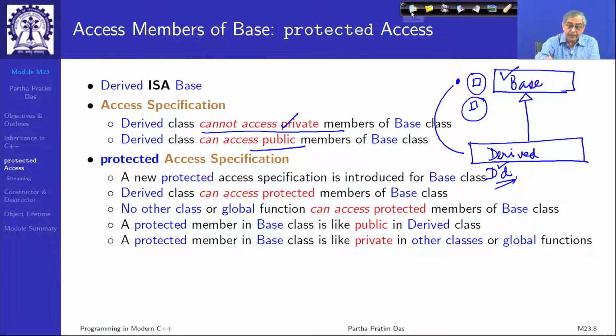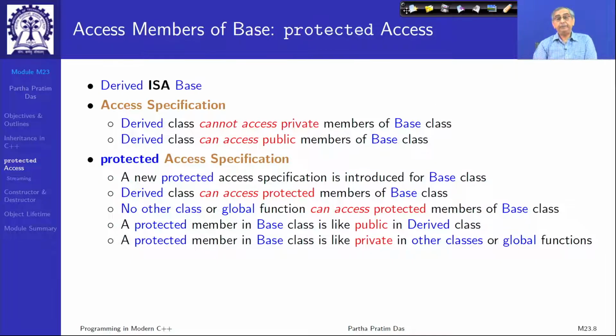So, the protected access specifier is provided to solve this problem. It is to be introduced in the base class. Now, it has a very interesting semantics. The semantics is a derived class can access protected members of the base class.